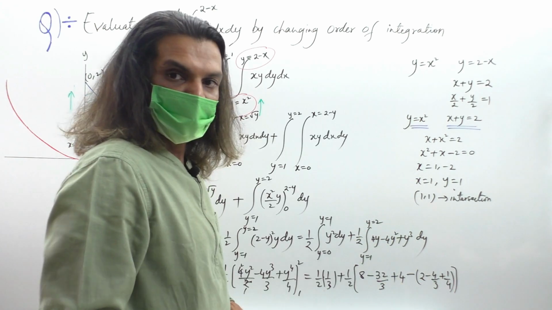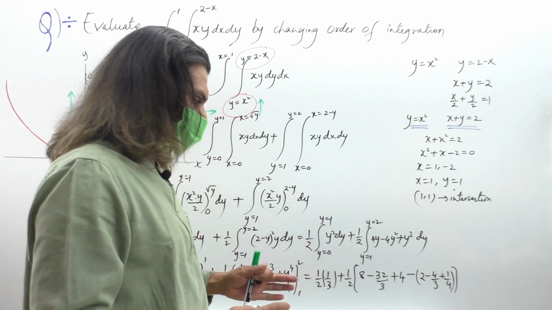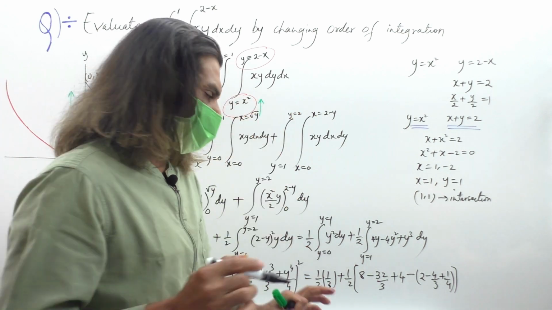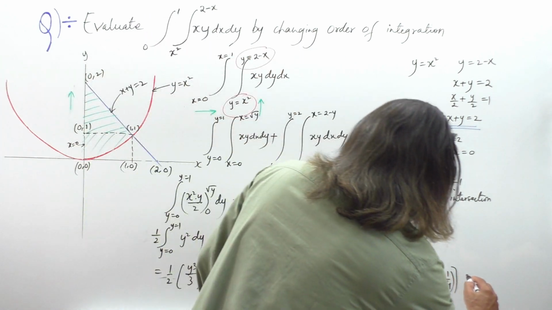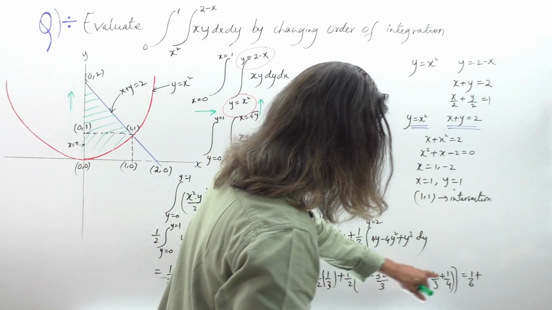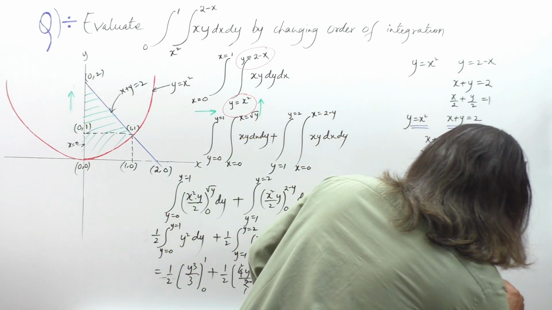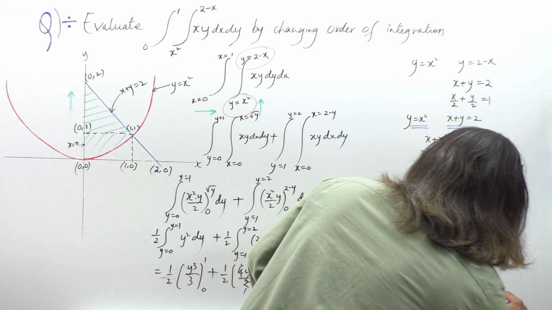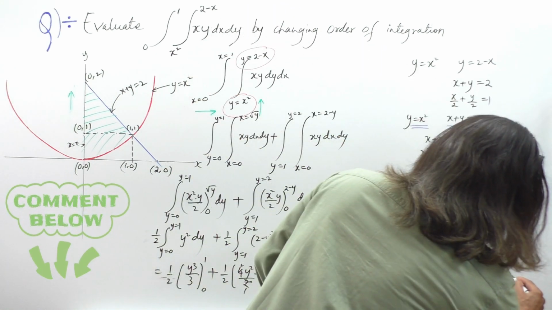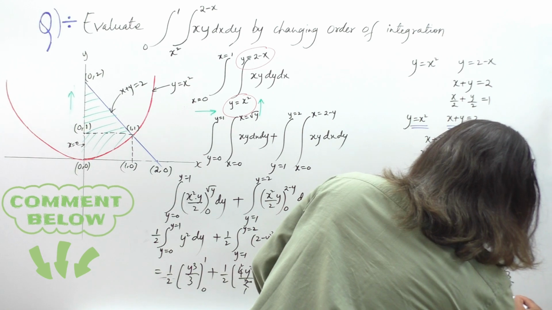Now after simplifying everything, you can do it manually or use a calculator, but do it correctly. 1 by 2 into 1 by 3 is 1 by 6 plus this everything, if we simplify, we get 5 by 24. So the final answer here, take the LCM, is 3 by 8.